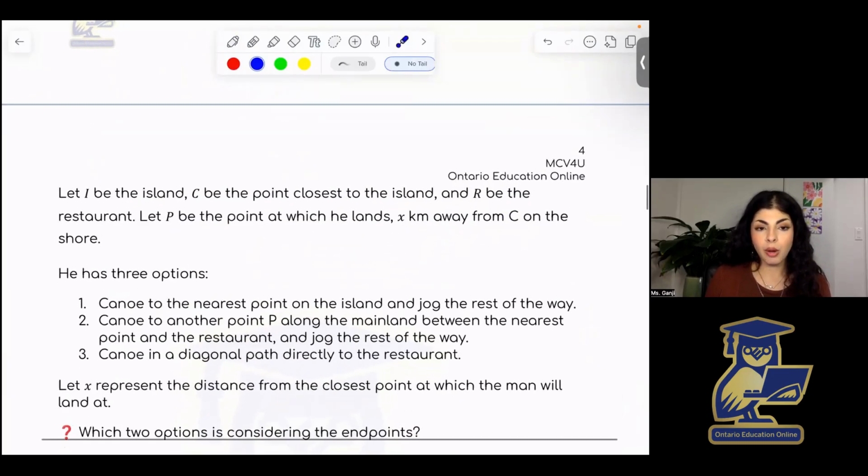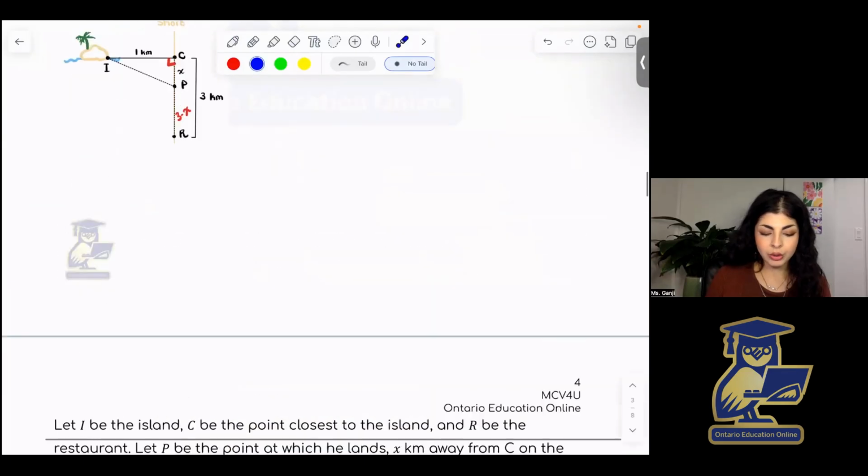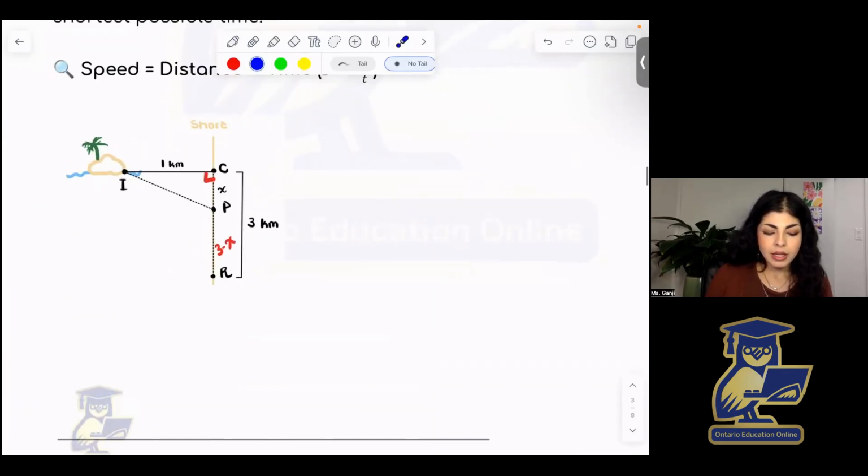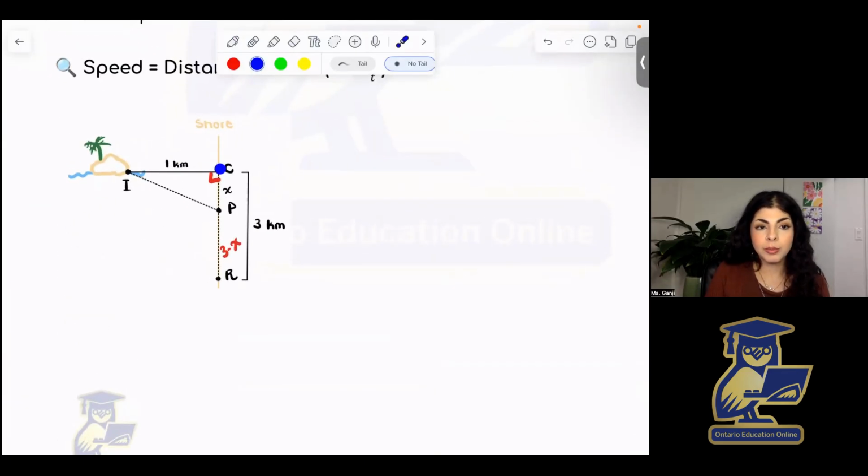So he has three options here. And I'll just go back here to show you visually. He can just go directly to the closest point with his canoe and then jog all the way to the restaurant. He can also just directly paddle to the restaurant with his canoe and do no jogging.